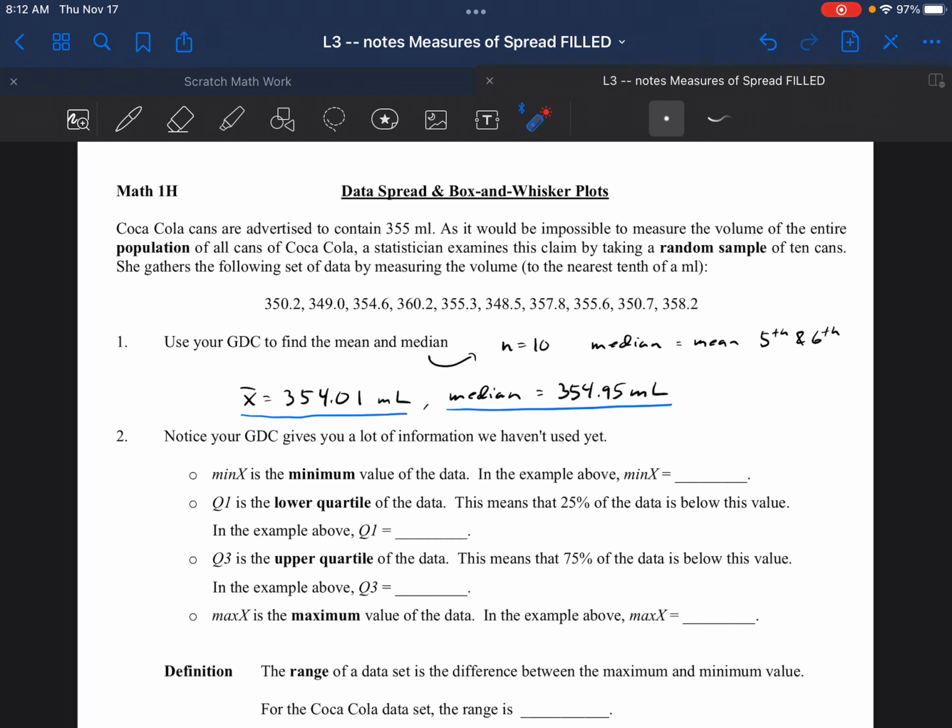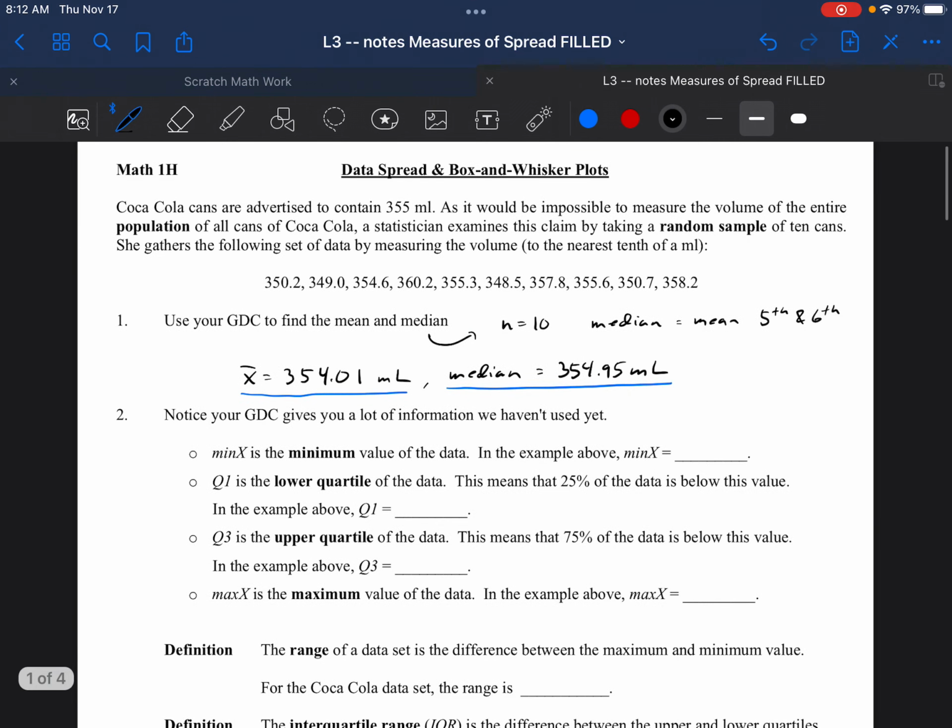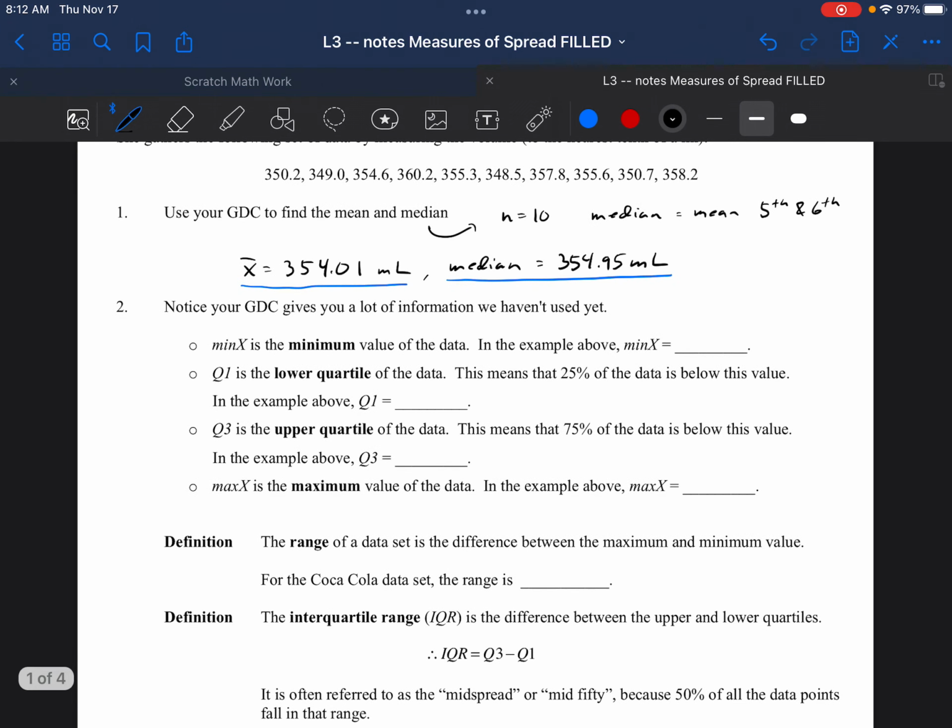But if we just confine these on our display, and I'll make a video showing this so that you guys can just kind of see what I'm talking about. But here are the numbers that I'm getting if you want to check your calculator's output with what we think it should be. So for the min, and I'm not going to write units here, I've got 348.5.